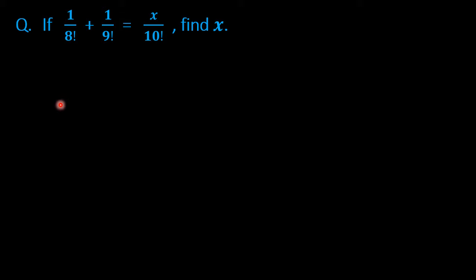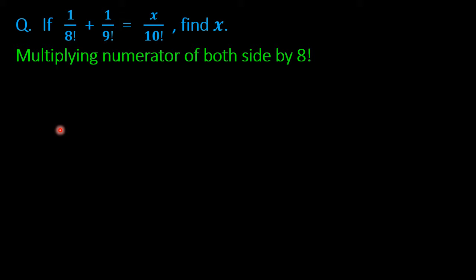What I can do here is, the smallest factorial given is 8 factorial. So I will multiply both sides by 8 factorial. Then it will be 8 factorial by 8 factorial plus 8 factorial by 9 factorial equals x into 8 factorial by 10 factorial.